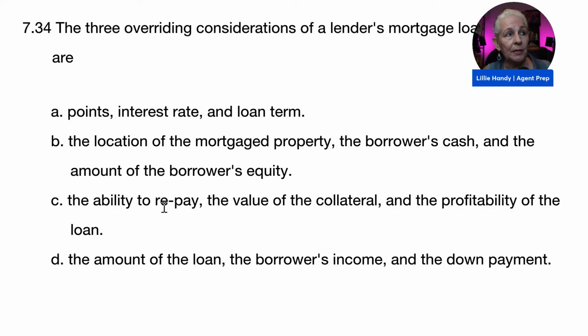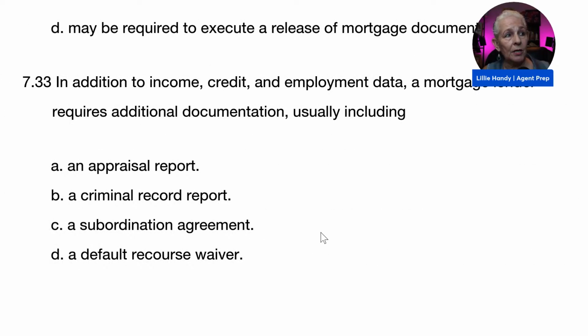Okay, so the ability to pay: it's the credit report, the debt to income ratio, their credit, their employment data, all their expenses. Remember the housing expense that is allowed: 28% for conventional, and I think 43% for FHA and VA.